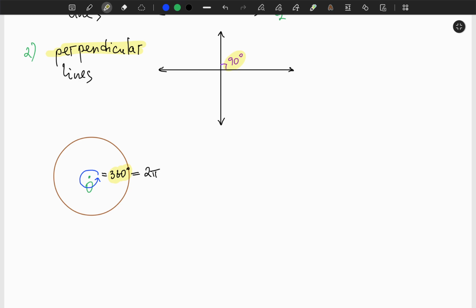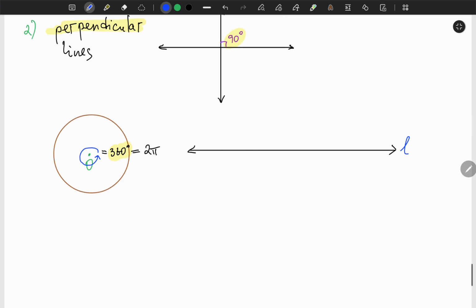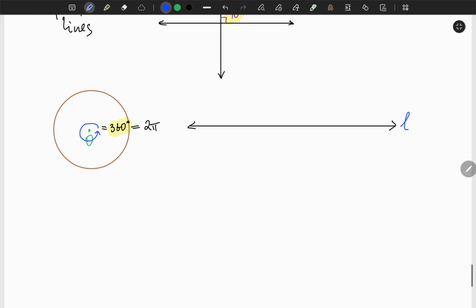Now, we know that a line can be curved, or the line can be straight. If the line is straight, let it be some line, we can divide the circle.